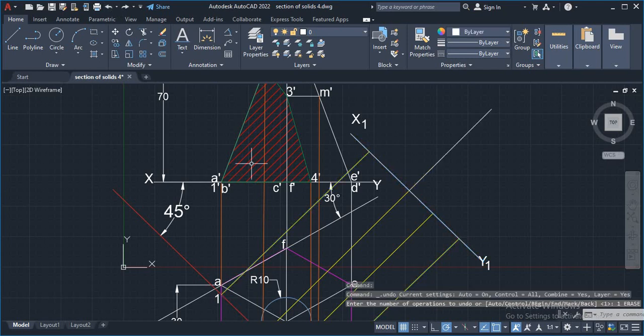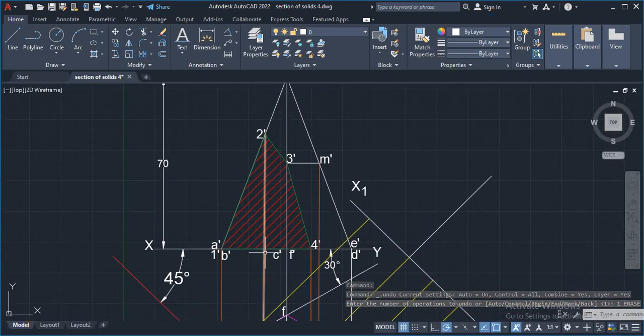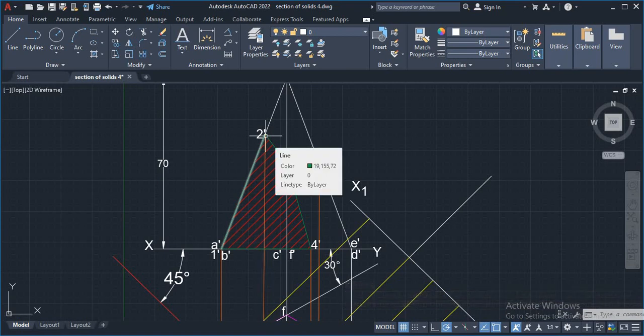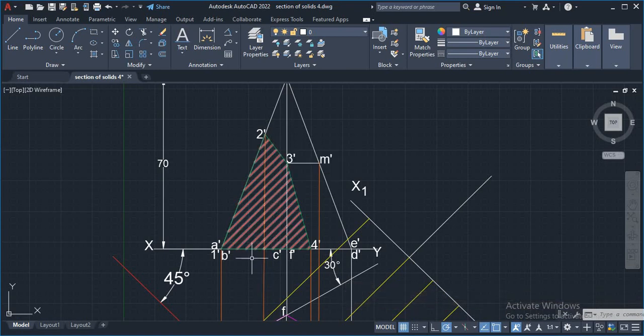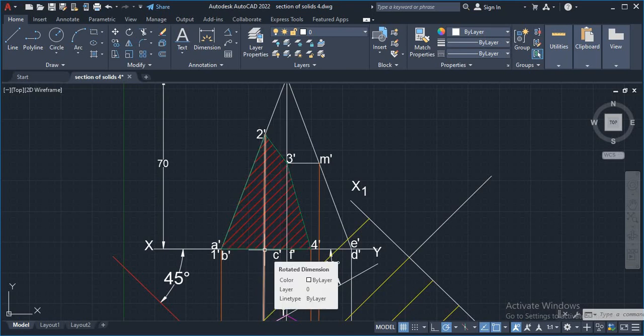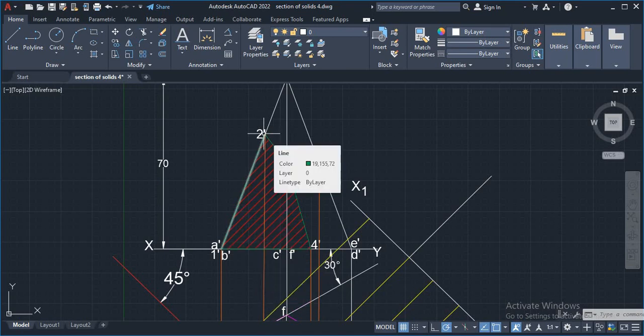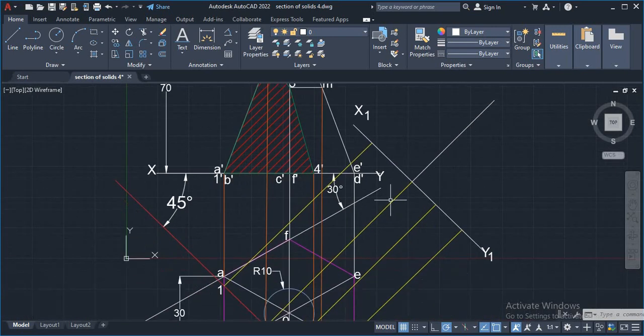Then measure the distance from the XY line to 2 dash by using compass or scale. You can measure the vertical distance from the XY line to 2 dash, and extend this line for the measured distance.